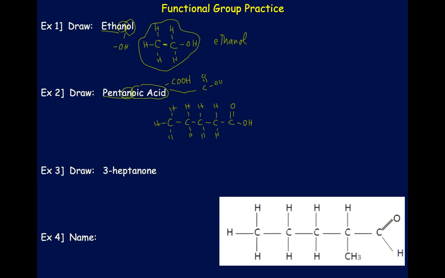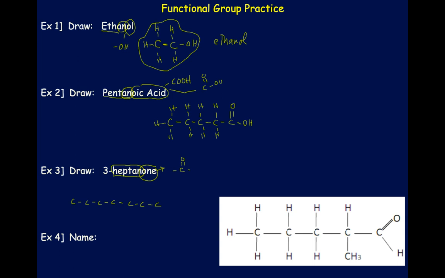Now 3-heptanone. How do we draw that? Well, we know our main chain is heptane, so we'll go 1, 2, 3, 4, 5, 6, and 7. Now it says heptanone, and a ketone is a carbon with a double bonded oxygen on it that is bonded on both sides by carbons.